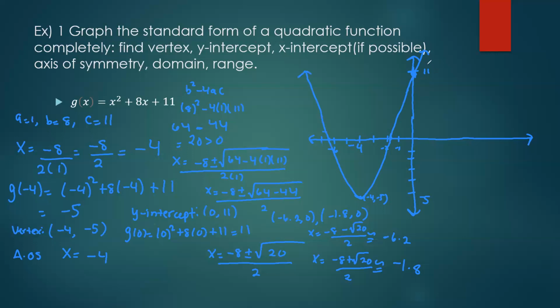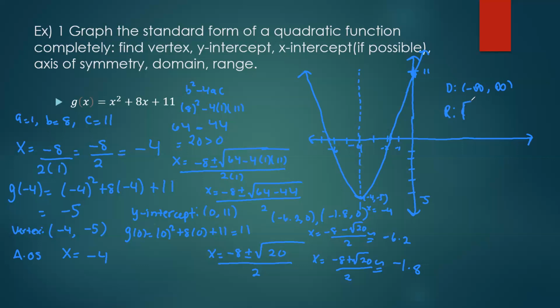Okay, and if you want to draw the axis of symmetry, it is x equals -4, so it'd be right here. Okay, so there's our graph. What would be our domain? The domain is all real numbers. And then my range is, so my smallest y value is -5.